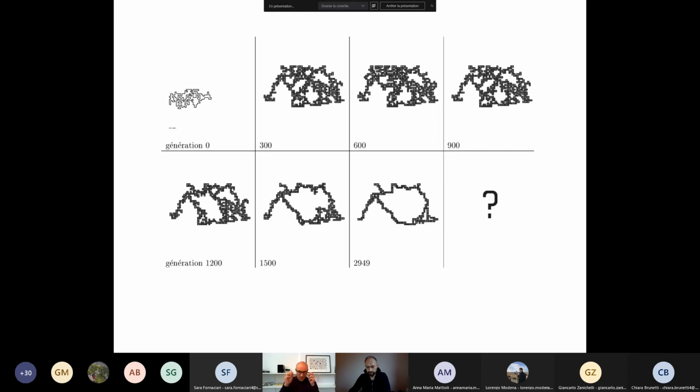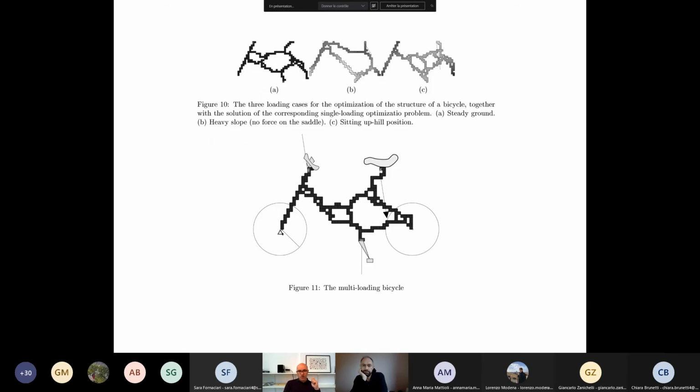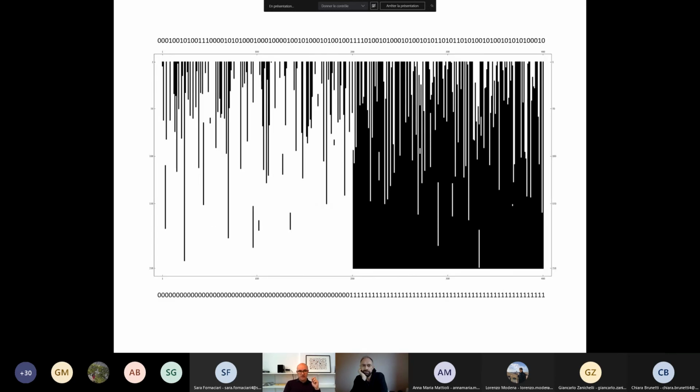So basically, I wanted to see, okay, if we can produce a bicycle frame like this by making use of genetic algorithms, what can we do for architecture? Genetic algorithms are quite easy things to code.